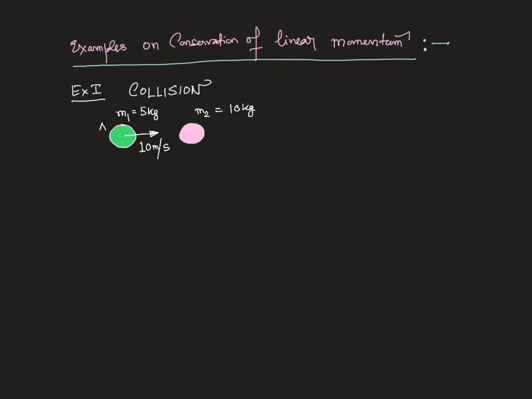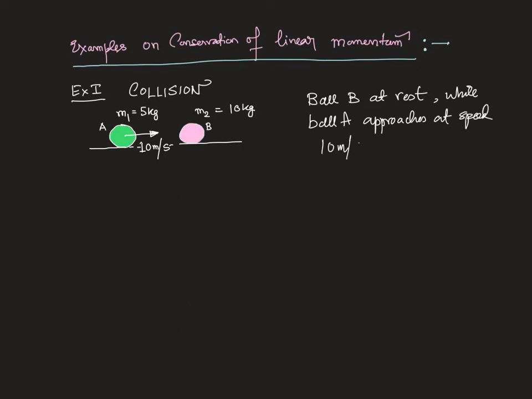This green one is ball A, the pink one is ball B. Ball B is at rest, and suppose they both are kept on a smooth floor, while ball A approaches at a speed of 10 meter per second, collides with B and gets stuck to it.